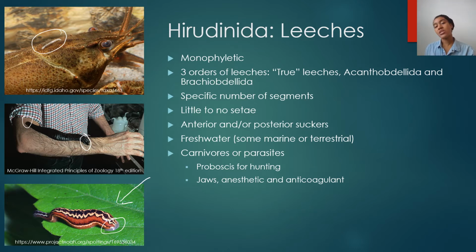They also release an anticoagulant, and this helps the blood flow smoothly from your body into their gut. So they have a couple of different mechanisms to optimize their ability to feed, whether through active hunting as carnivores or via parasitic lifestyles.